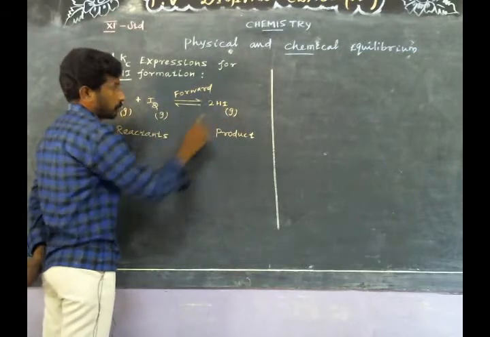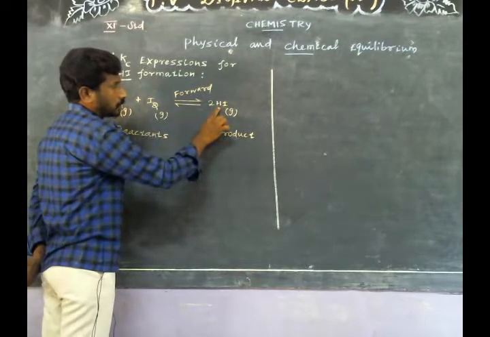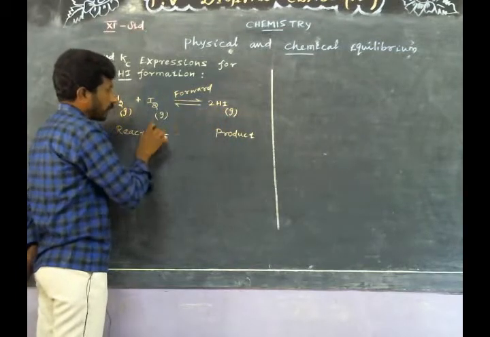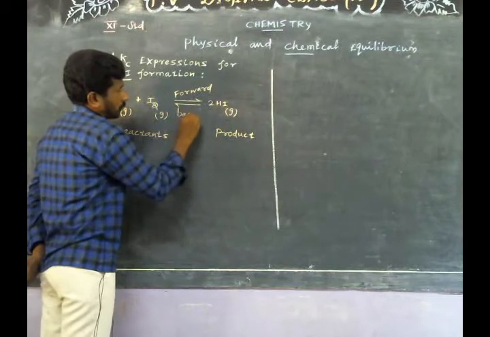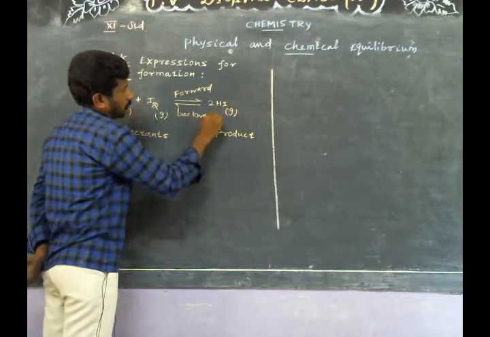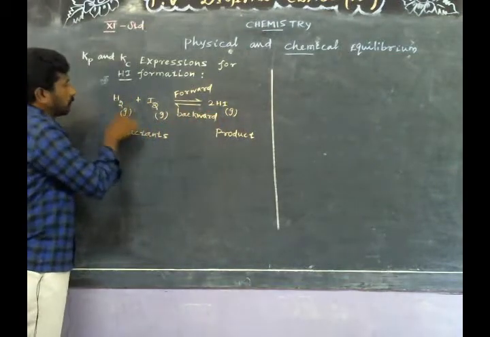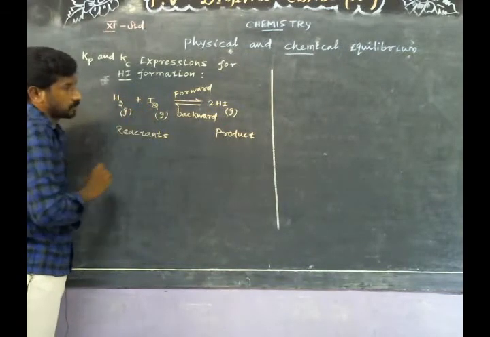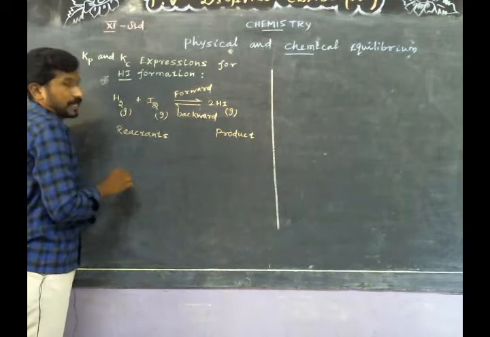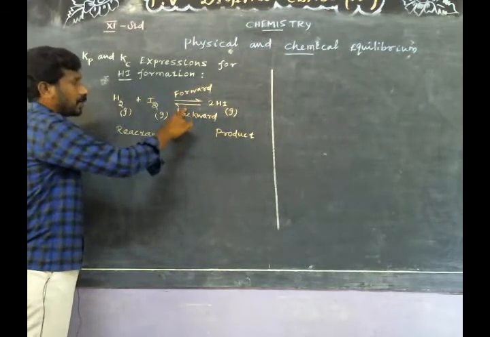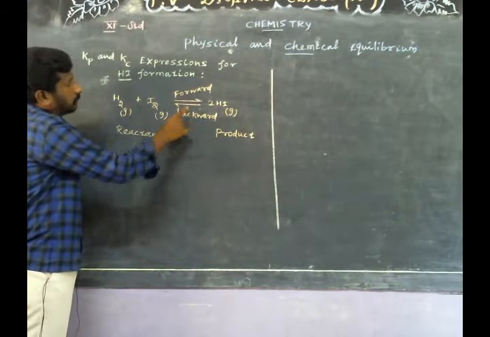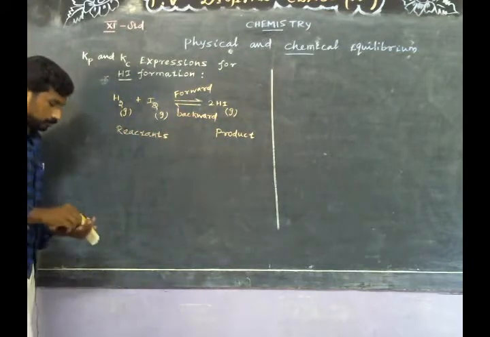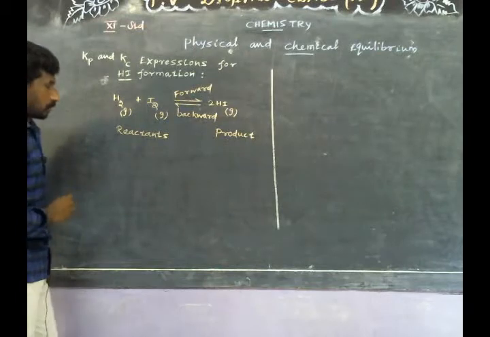At the same time, 2 moles of hydrogen iodide gas react in the backward direction to give back 1 mole of hydrogen gas and 1 mole of iodine gas. That is why an equilibrium symbol exists between reactants and product. Then assumption.